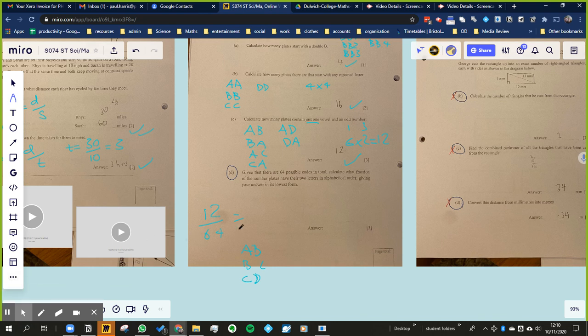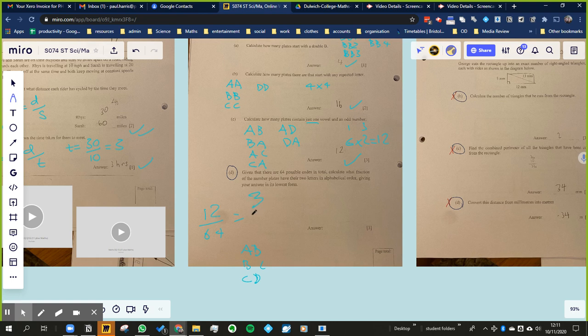Basically we will say, well, 80 can be divided by 4. So let's start taking away 4 from 80. So we go down to 76, then 72, then 68, and 64. So it can be divided by 4. So we're going to divide them both by 4.